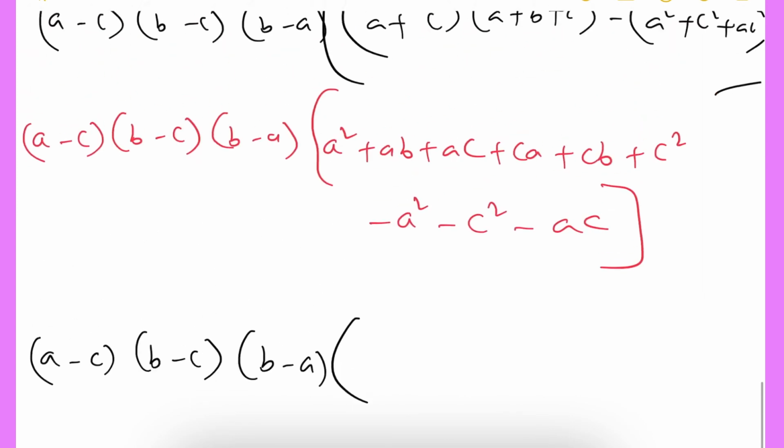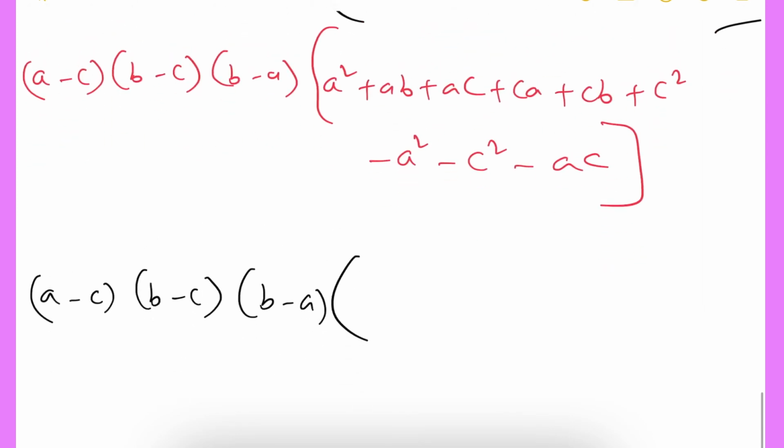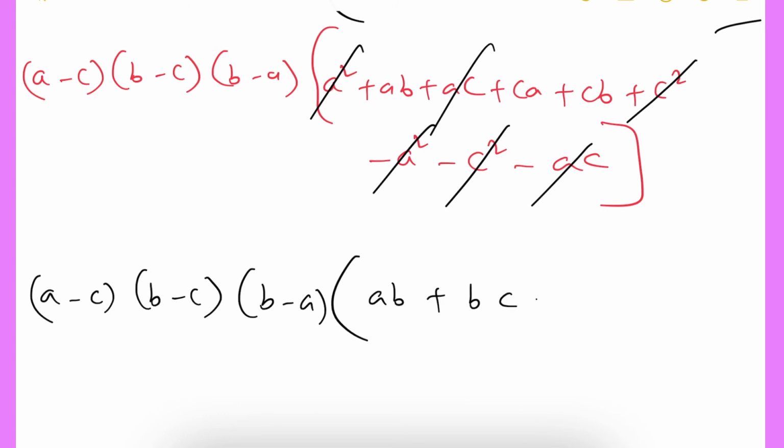Okay, now next, into here, plus a square minus a square cancel, plus c square minus c square cancel, plus ac minus ac cancel. Then we remain with ab plus bc plus ac, or ca.